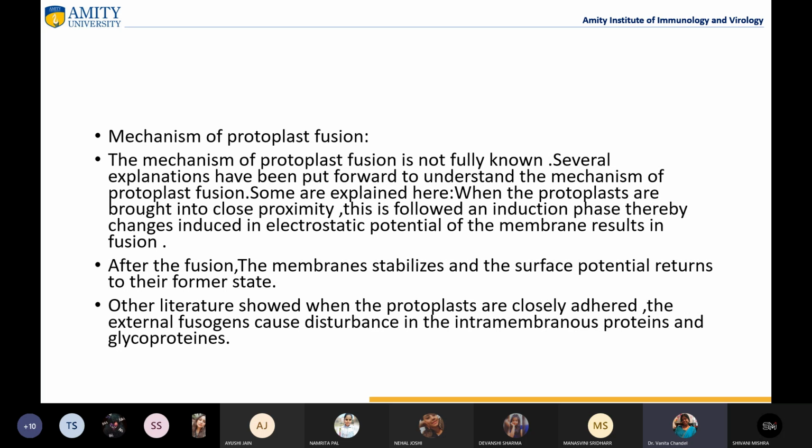After the fusion, the membrane stabilizes and the surface potential returns to its normal state. Some literature shows that when protoplasts are closely adhered, the external fusion causes disturbance in the intramembranous proteins and glycoproteins.